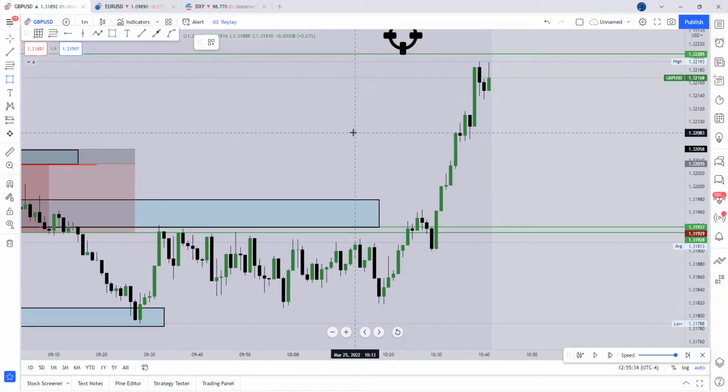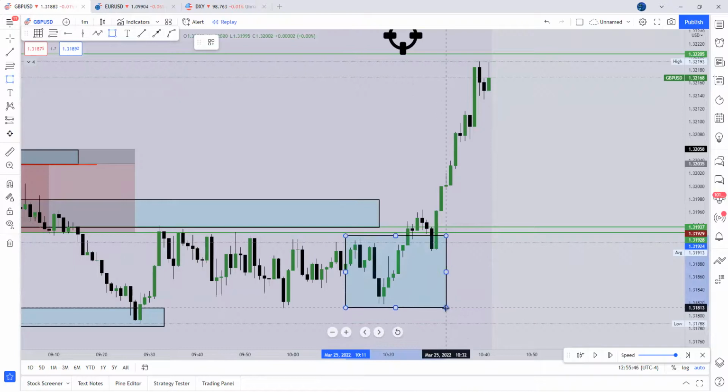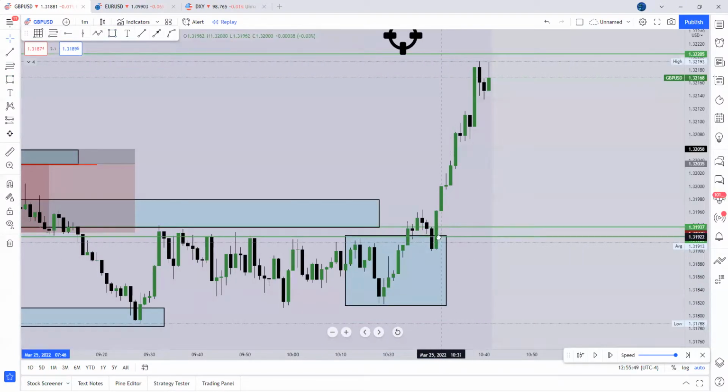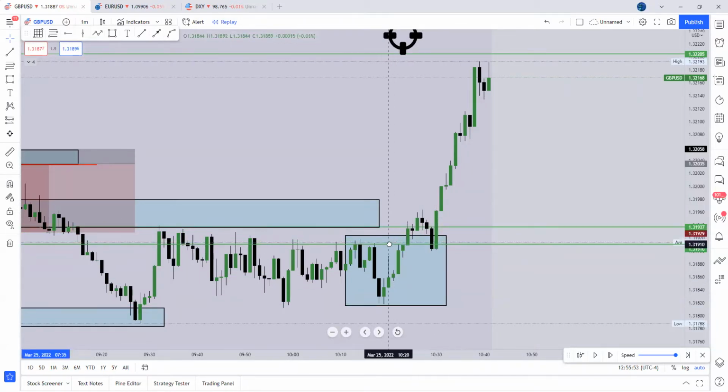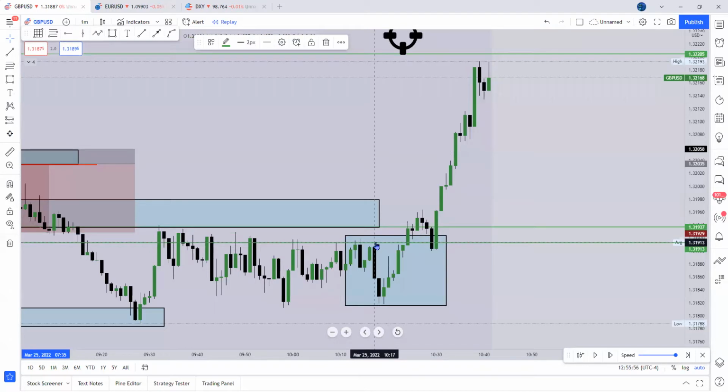Right. Actually, you're correct. So in my head, I kind of think about a mitigation block and a breaker block as the same thing. So I was about to say a breaker block because they're super similar. But essentially, we're looking at this area, and the reason why we're looking at this area is because this is the origin of the move that broke structure. So we're looking essentially at this point specifically.